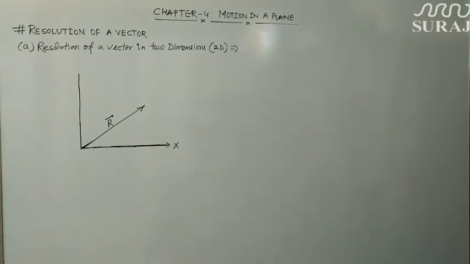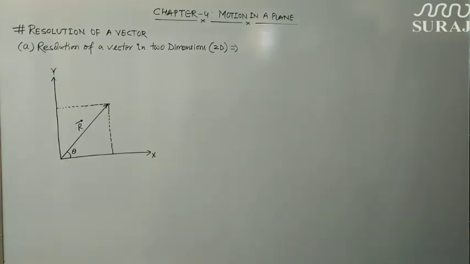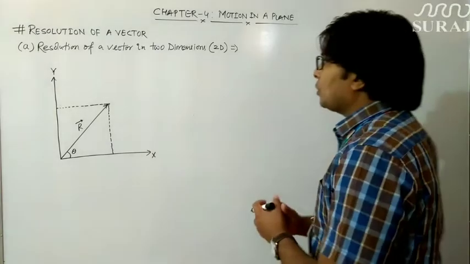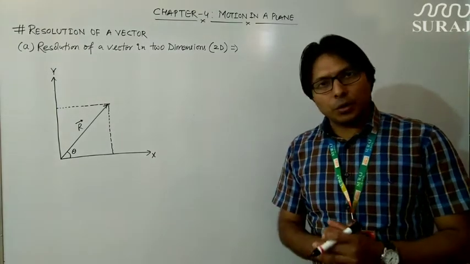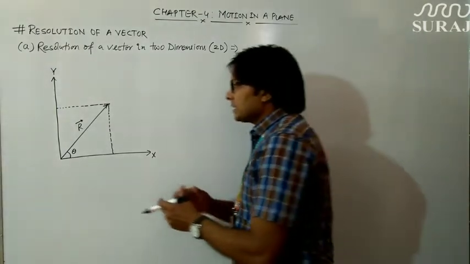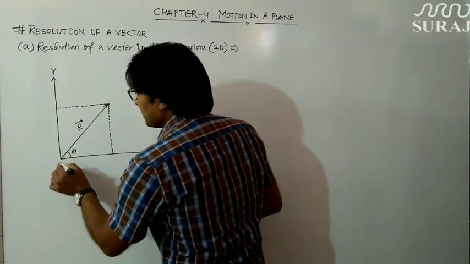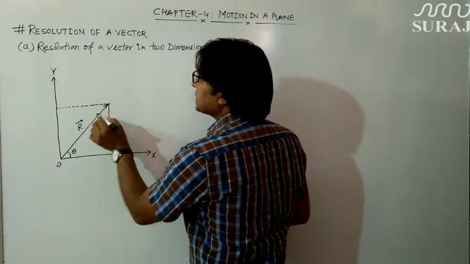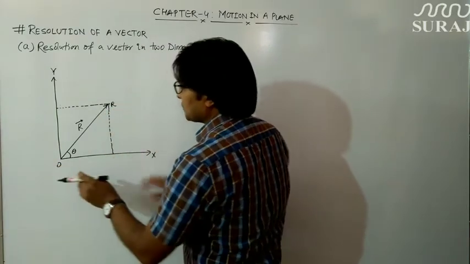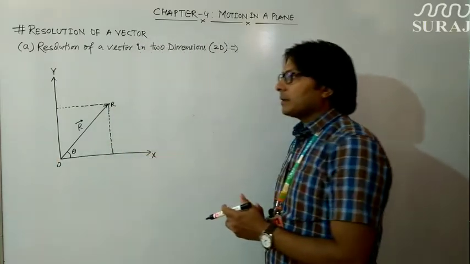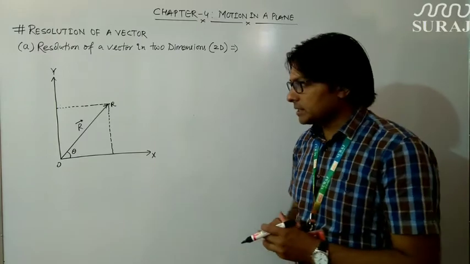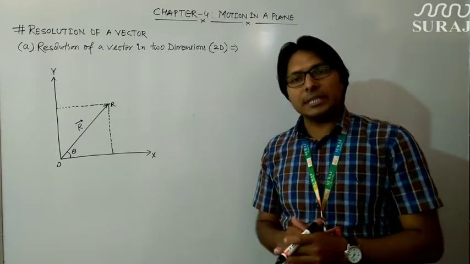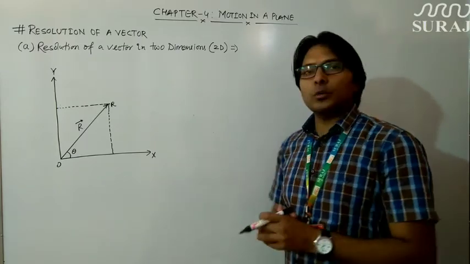Okay, so let us discuss the resolution of r vector in two dimensions or 2D. This is the r vector, suppose I have denoted it as OR, which we want to resolve into two components, and the two components here we are taking perpendicular to each other.